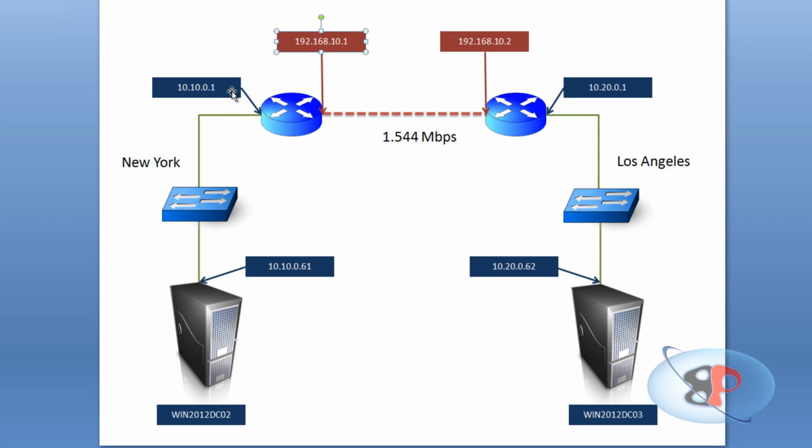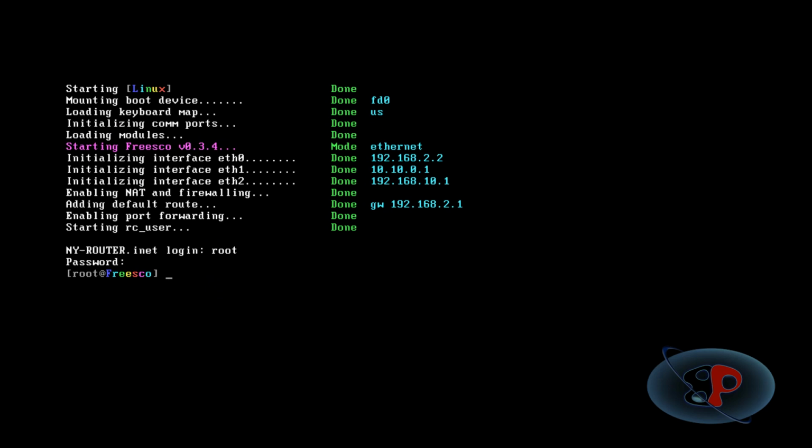So we are going to instruct this NY router saying that if you get a packet for the 10.20 series, forward that packet to the 192.168.10.2 IP address. So this is how I'm going to do it. Route add -net 10.20.0.0 netmask 255.255.255.0 gateway 192.168.10.2.